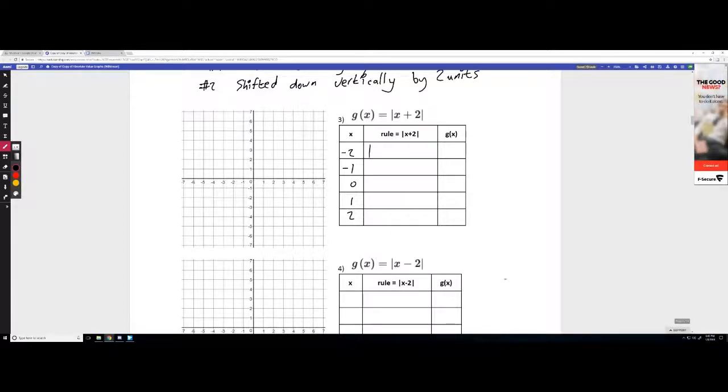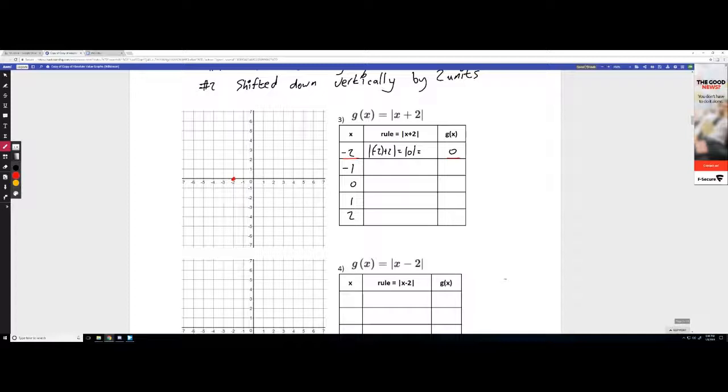Absolute value of x plus 2. X is -2, so we're going to substitute, right? We're going to plug in that -2 for x plus 2. -2 plus 2 is 0, and we know that the absolute value of 0 equals 0. That gives us a point. So let me make that in red. -2 comma 0 is right here.